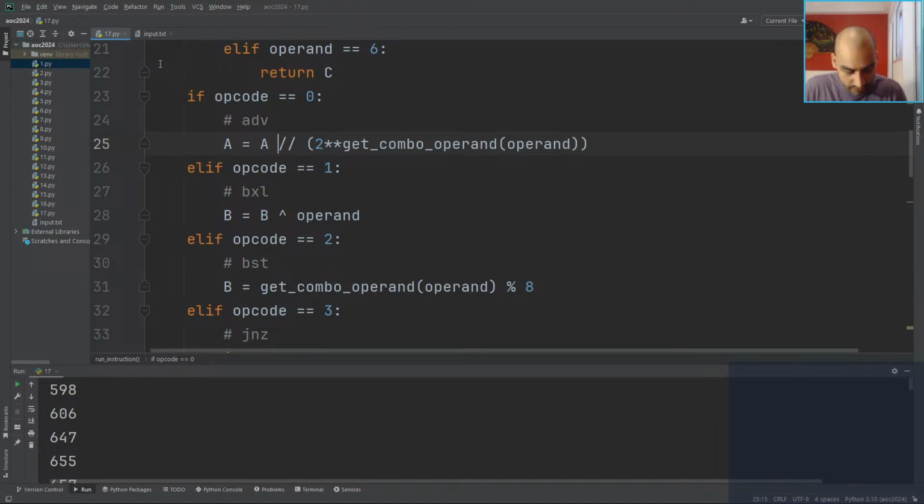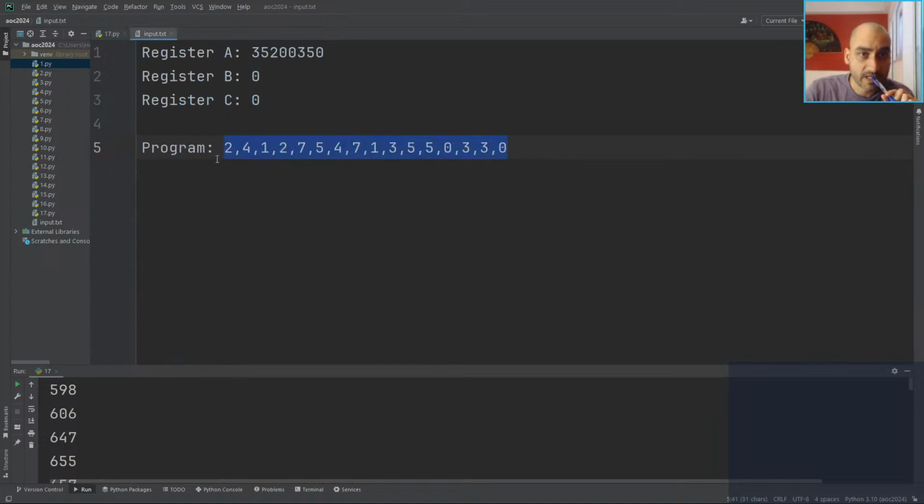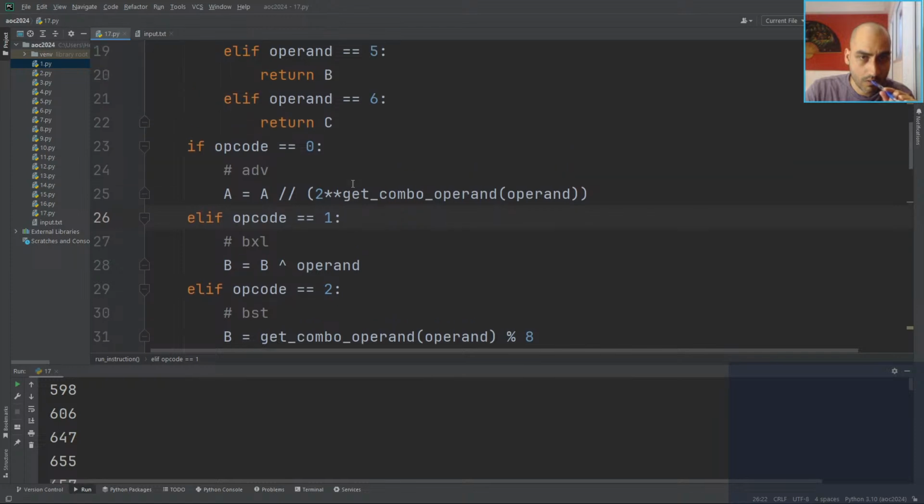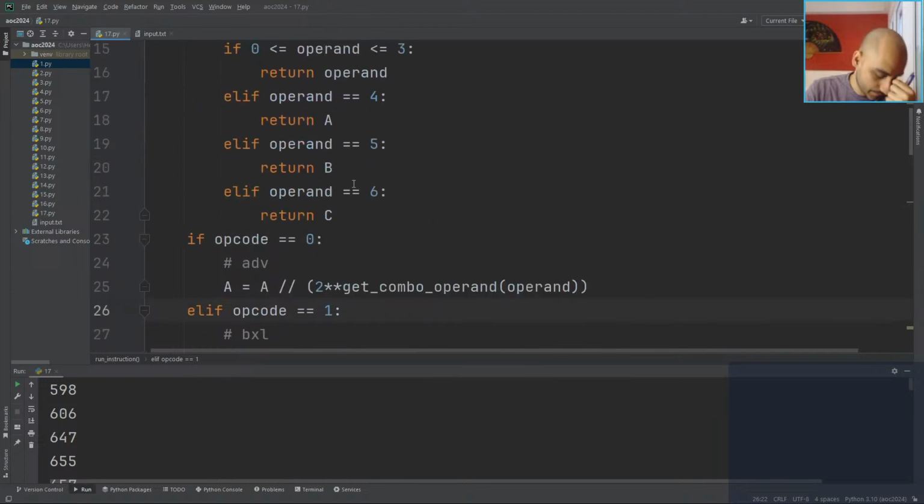So if A was... So there's 16 numbers here. Hang on. So we output a number, and then A divides by 8.